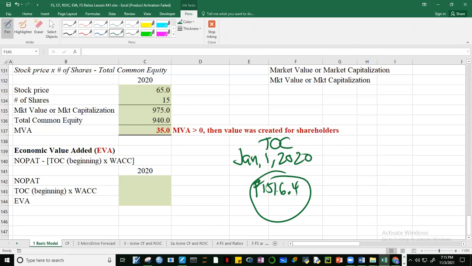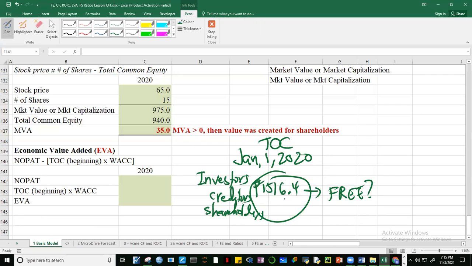Now, who gave this capital? This capital was provided by investors. Alam natin yan. Investors, the creditors or shareholders. Now, from their perspective, guys, free ba to?